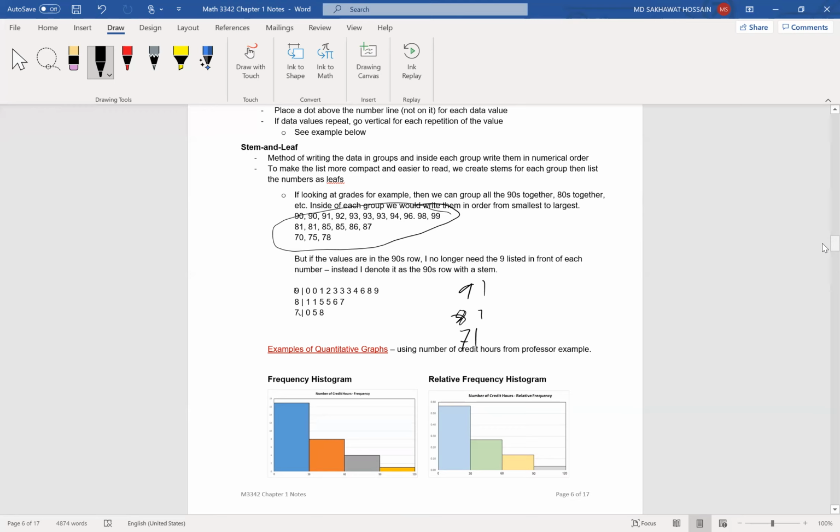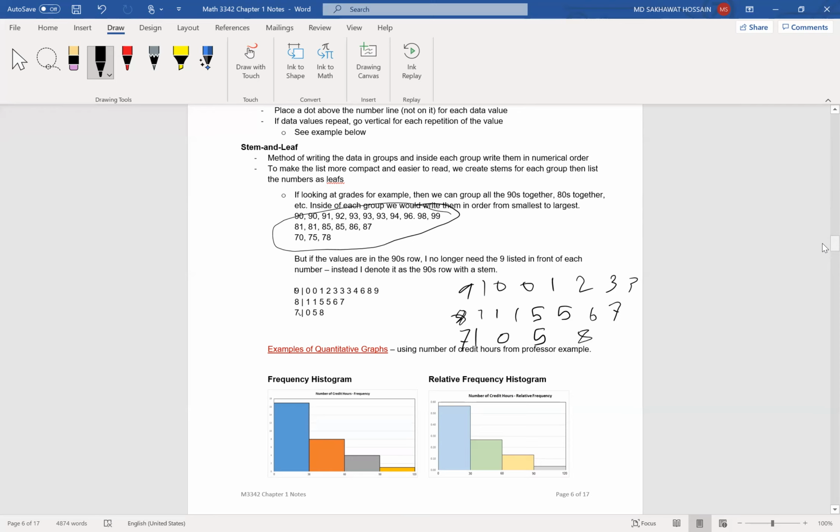We have 0, 0, 0, then 1, 2, 3, 3, 3, and 4. You have to write all the leaves here. For 8, we have 1, 1, 5, 5, 6, 7. And for 7, we have 0, 5, and 8.